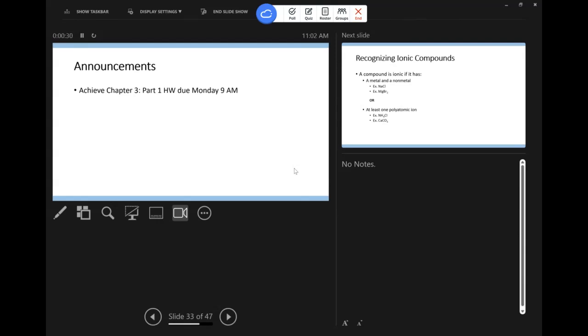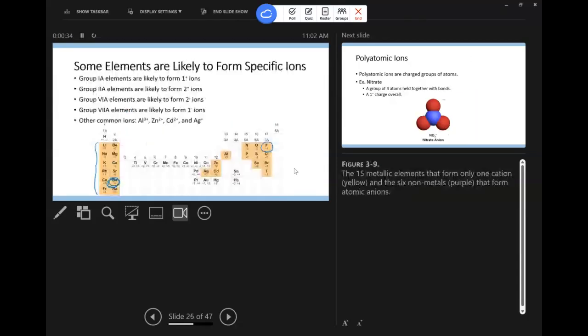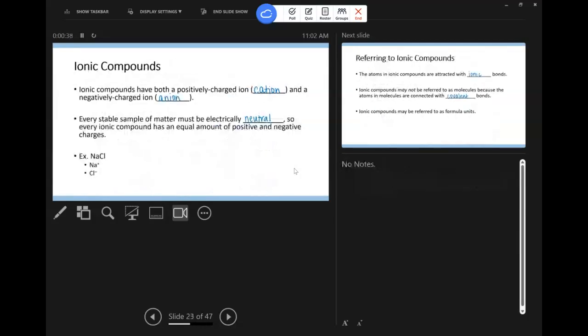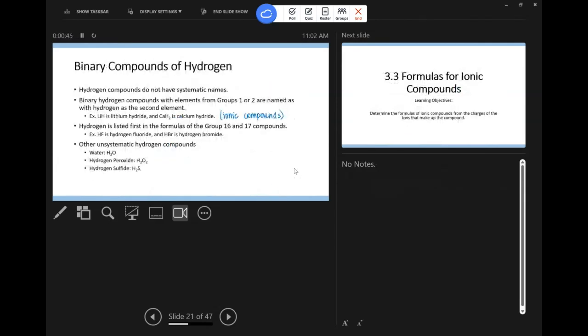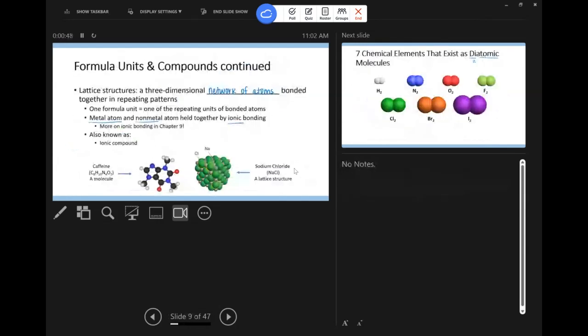All right, so let's remember what we talked about on Monday of this week. We talked about the difference between ionic and molecular compounds. Let me go back to this slide, all the way in the beginning.